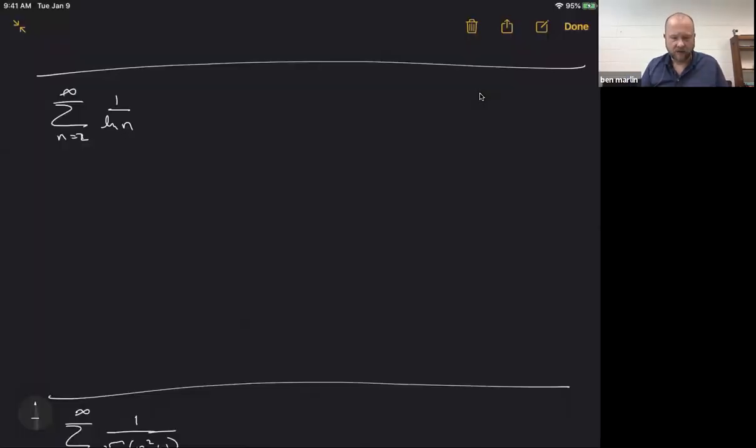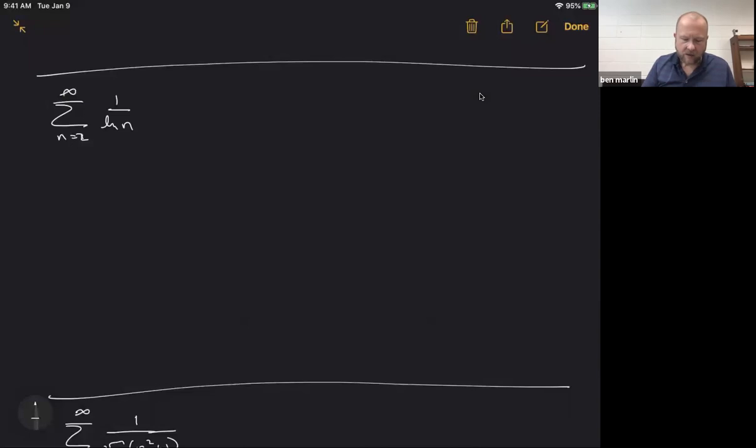Okay, we have one that is going to actually diverge, but we see it by comparing it to something that is smaller than it and also diverges.